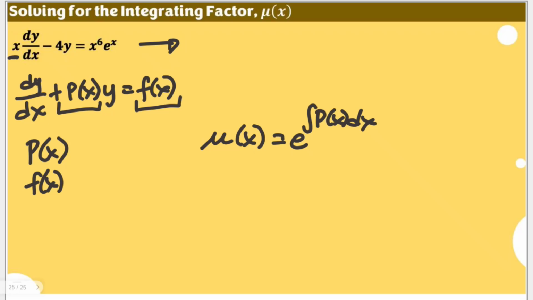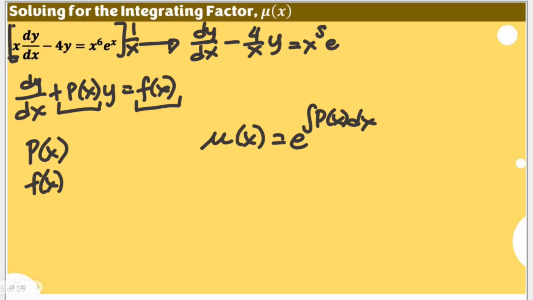So let's try to multiply 1 over x on all terms so that on our first given term on the left hand side it will only be dy over dx, following the standard form, minus 4 over x times y. And on the other side, by multiplying 1 over x, since you have x over 6, you will have x to the power of 5, that's minus 1, e to the power of x. This is now in its standard form.